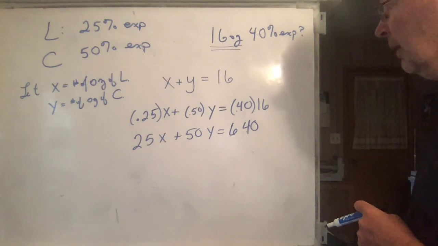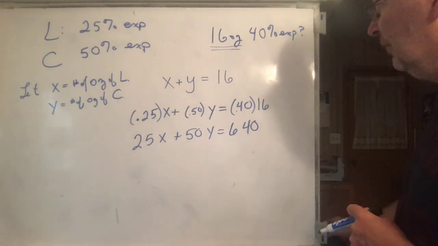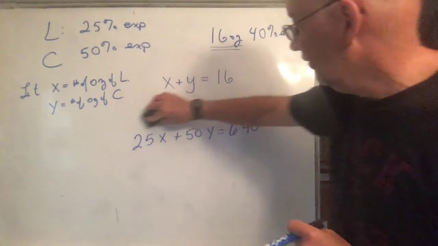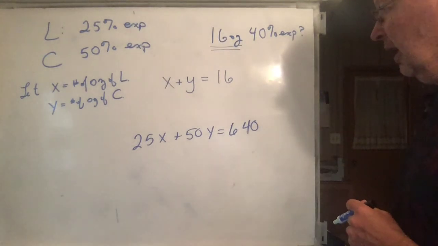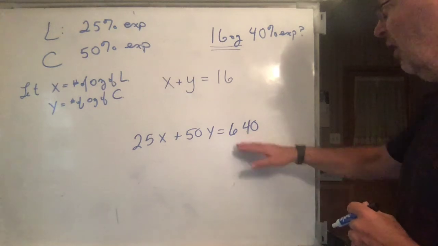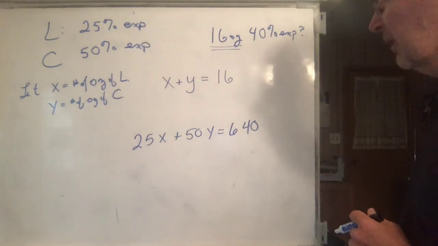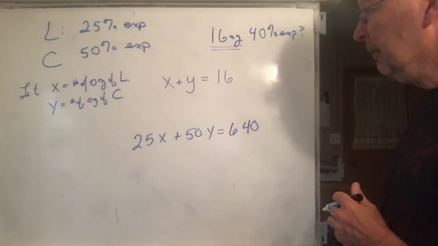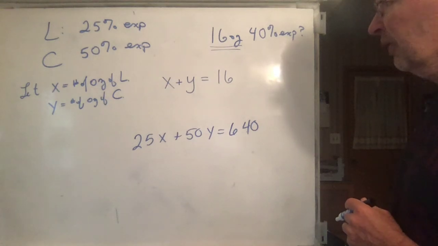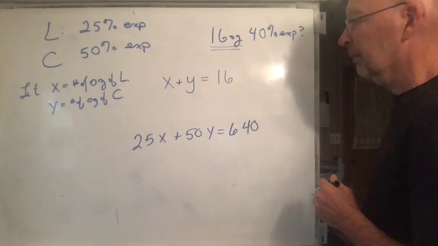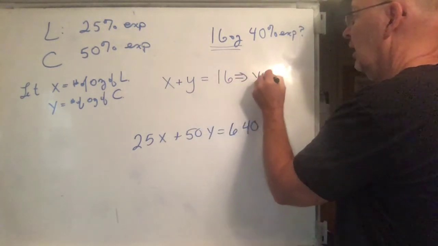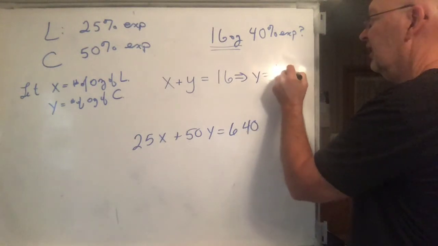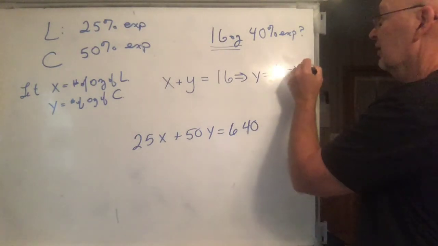So I'm going to get rid of this equation now. There's the 2 to work with, and let's see. These are awfully big numbers. Well, that's not a big deal. Let's just use them the way they are. And so here's what I'm going to do with this one. I'm going to solve this equation here for y, and get y is equal to 16 minus x.